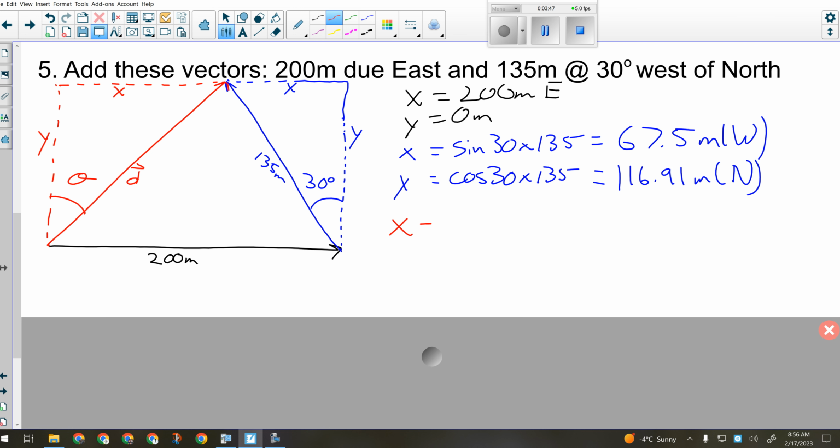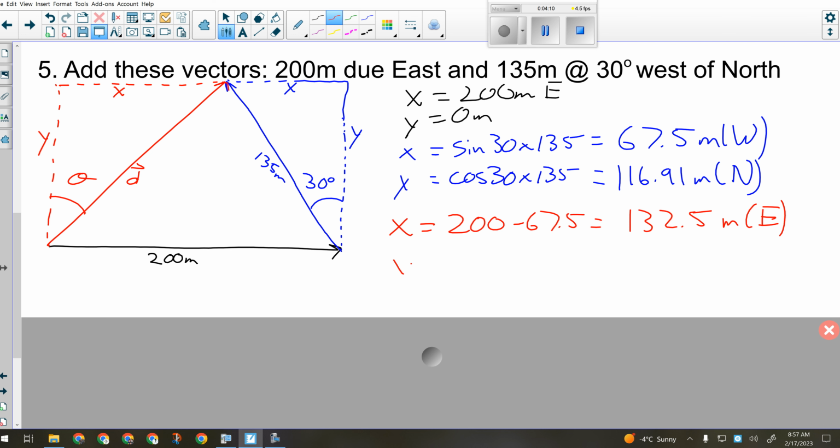So for red x, I've got 200 meters east, and I've got 67.5 meters west. Right. So when I do that, I should get 132.5. Yes. 132.5 meters east.